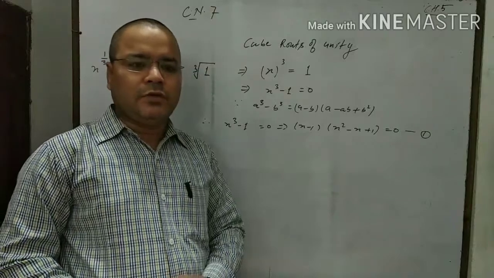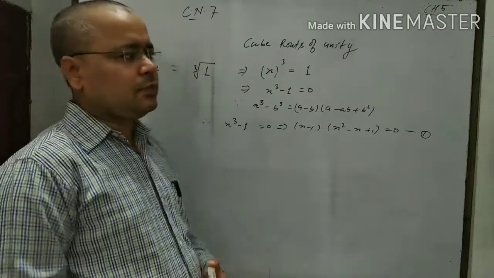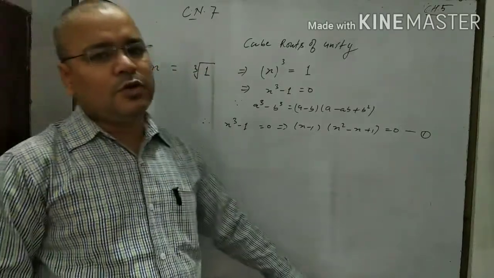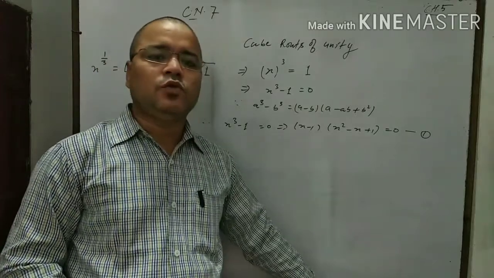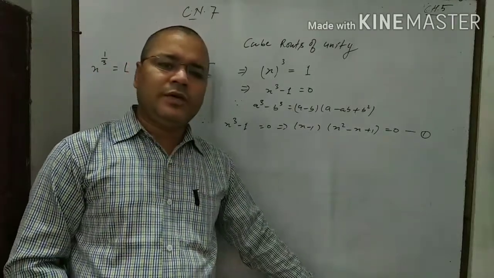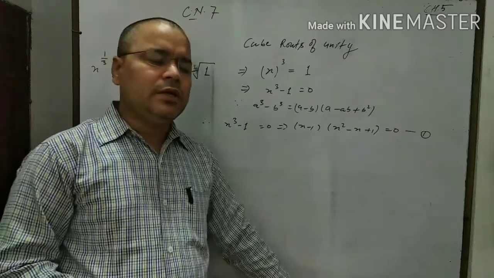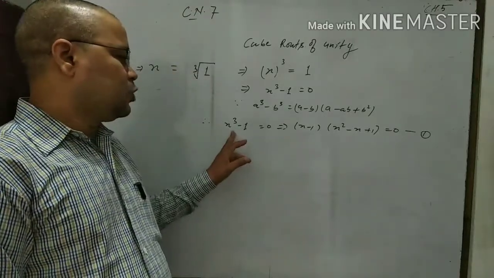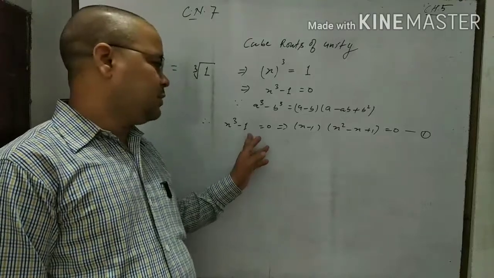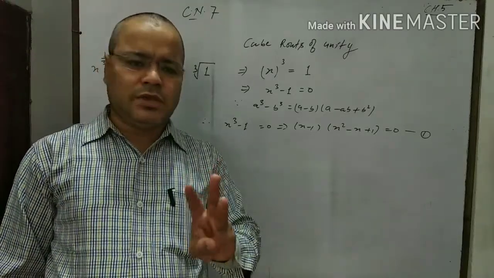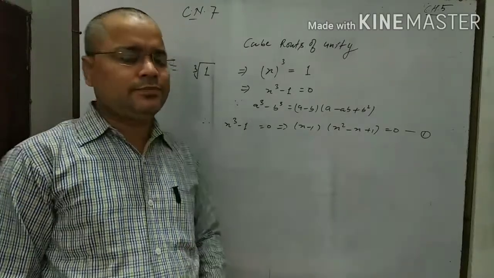We know that in a polynomial equation, if it is a linear polynomial equation, then the number of roots will be 1. If quadratic polynomial equation, the roots will be 2. Similarly, here this is a cubic polynomial equation. Therefore, the roots should be 3. Means there should be 3 roots.